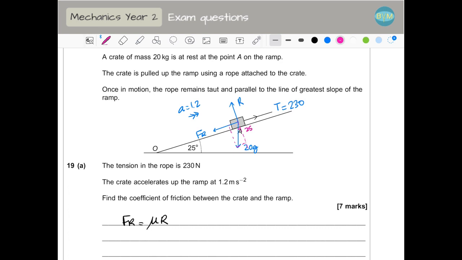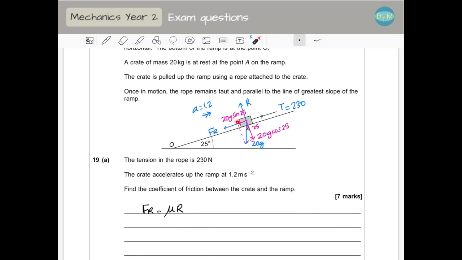This is 25 and this is the adjacent, so this is going to be 20g cos 25, and the opposite one is the sine, so this is 20g sin 25. To find the normal reaction we are going to resolve perpendicular to the slope.